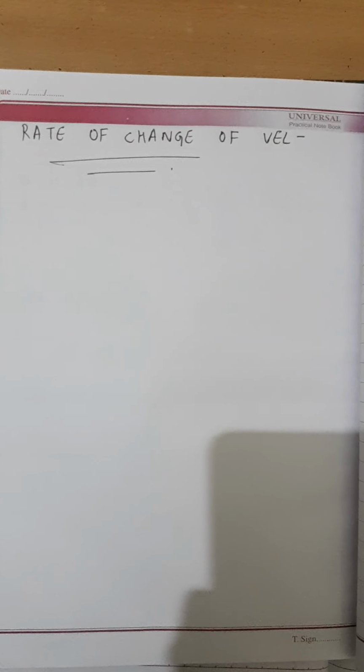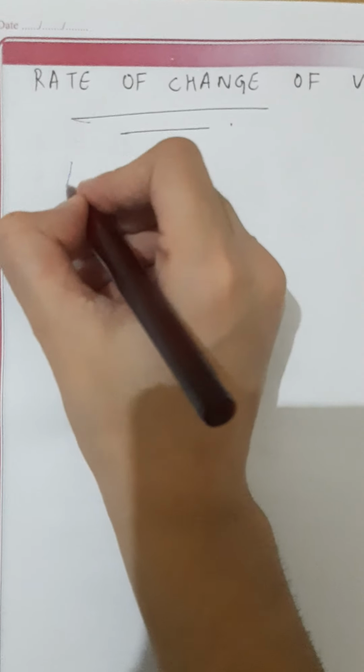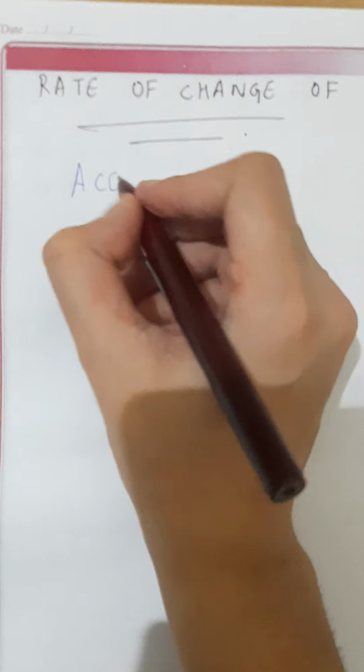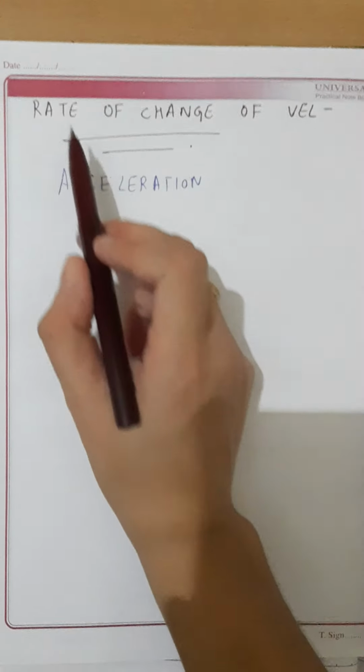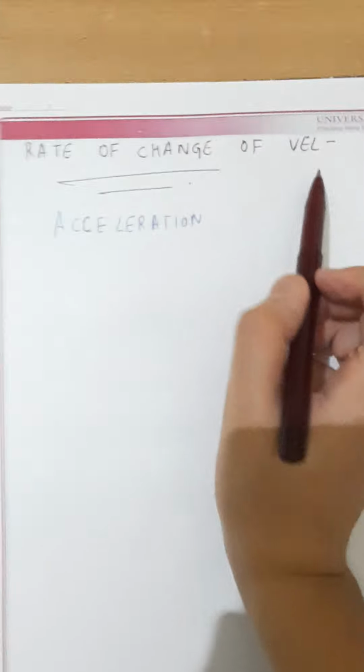So, how can we express this change in velocity? I'm going to discuss a new parameter, and that is acceleration. It is given by the rate of change of velocity.